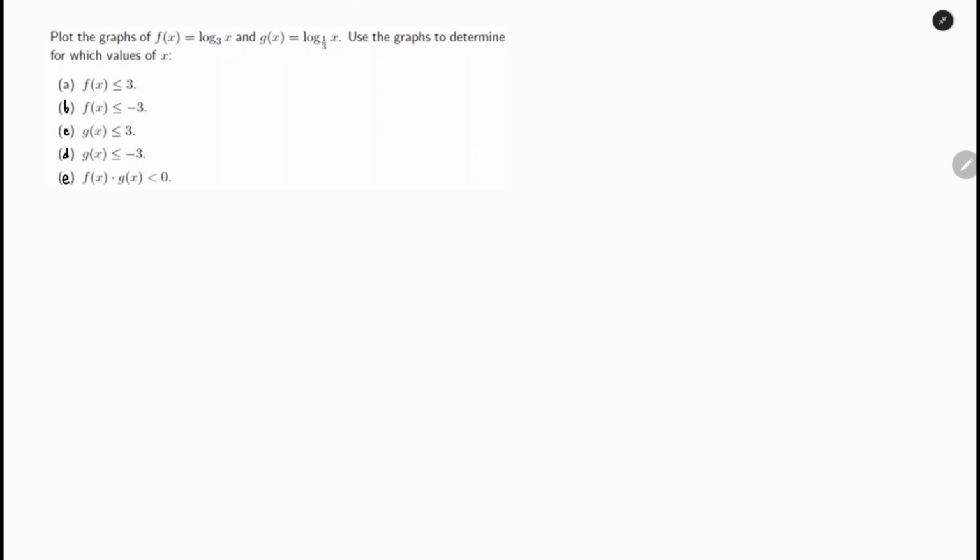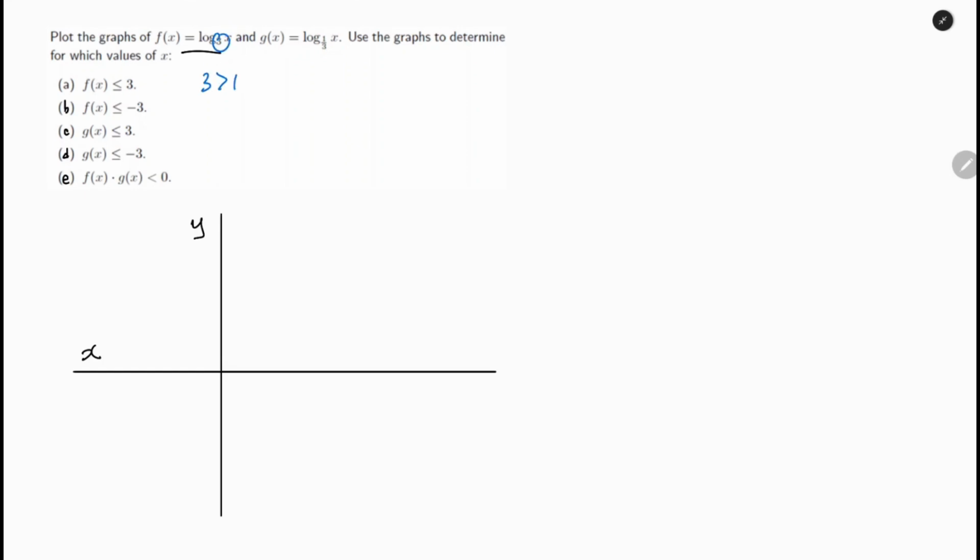Okay, so first thing I'm going to do is draw these graphs. I'm going to draw it over here, draw my axes. That's my y-axis, that's my x-axis, and now I'm going to draw f of x first. I can see here my base, 3, is greater than 1, and when my base is greater than 1, I'm going to have this increasing function.